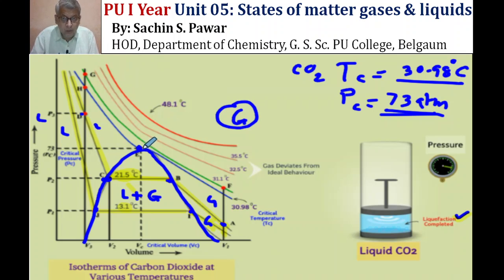But at critical temperature or below critical temperature, if you apply the proper amount of pressure, it can liquefy. For example, for carbon dioxide gas, critical temperature is 30.98 degrees Celsius, critical pressure is 73 atmosphere. That means at a temperature of 30.98 degrees Celsius, when you apply 73 atmospheric pressure, the carbon dioxide liquefies.